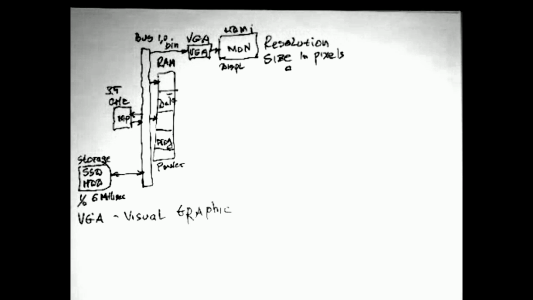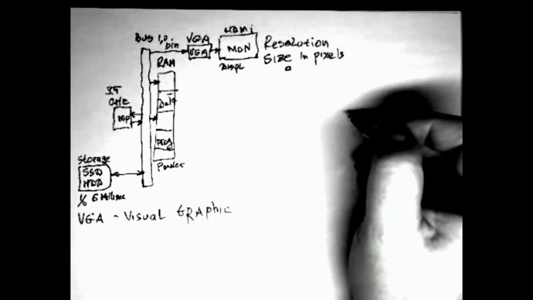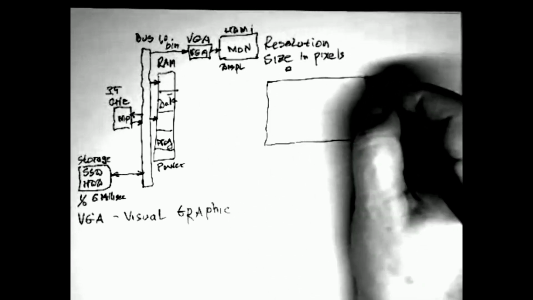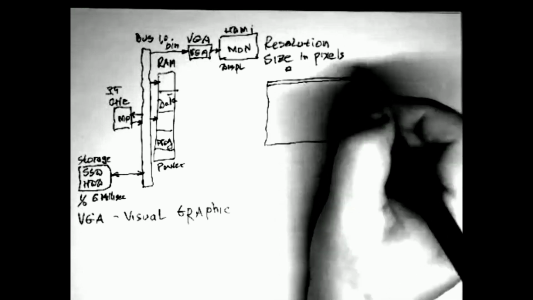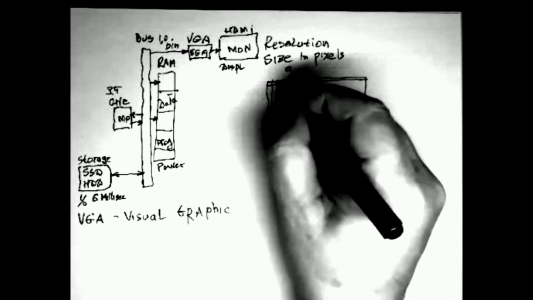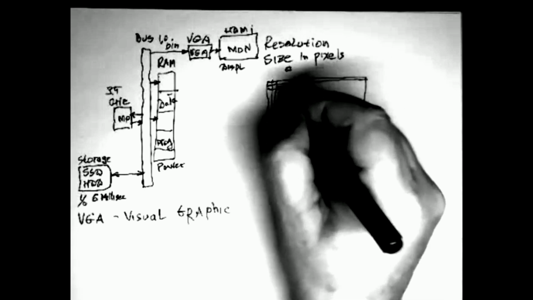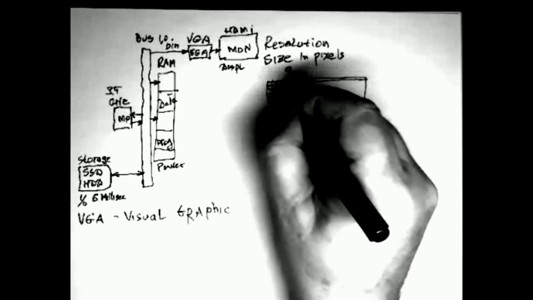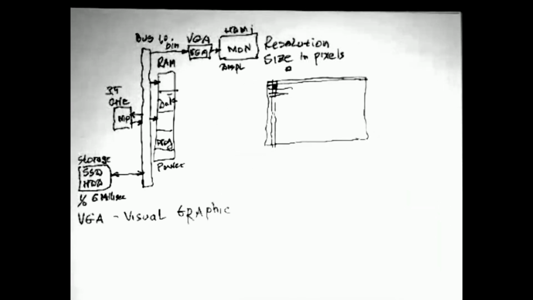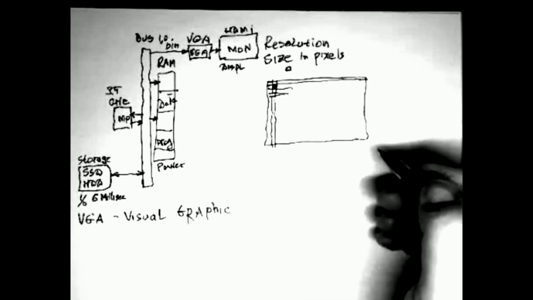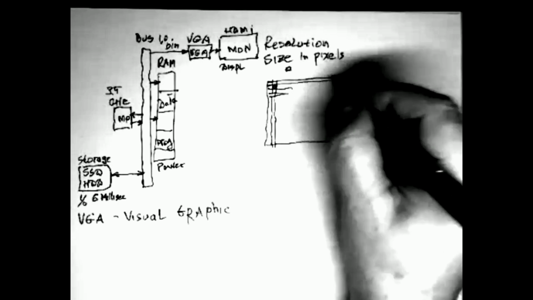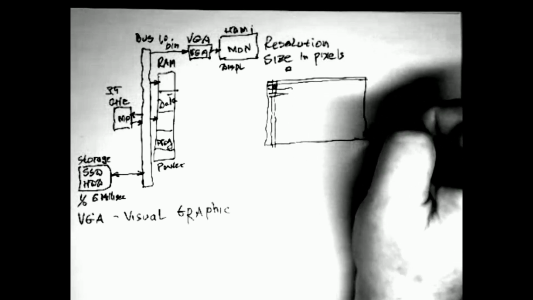So a monitor actually is a huge table. The monitor screen has rows and columns of pixels, and every pixel is controlled by the computer. Resolution, folks, is the number of pixels horizontally by the number of pixels vertically.